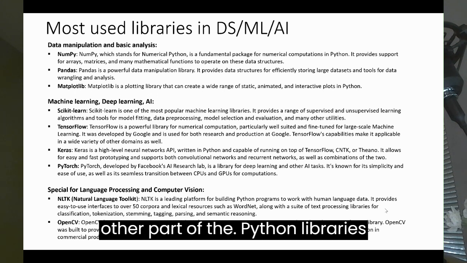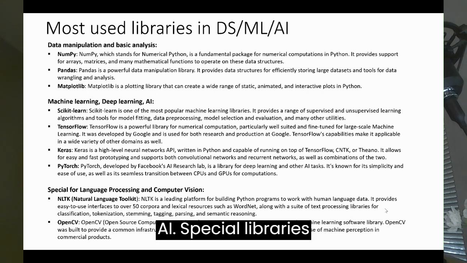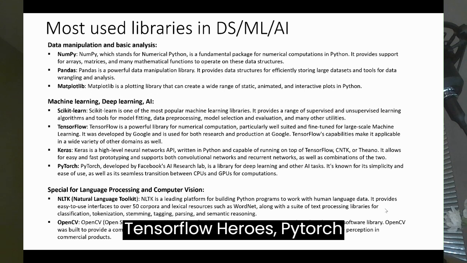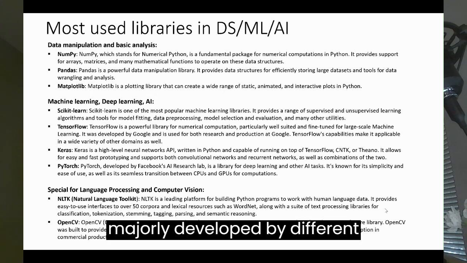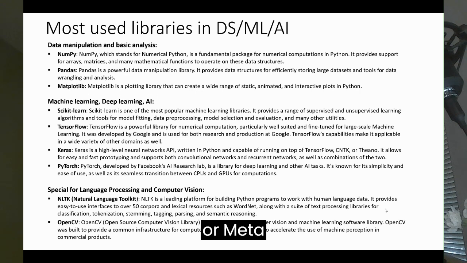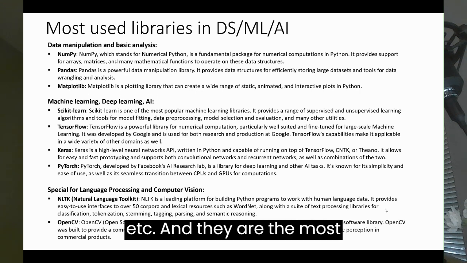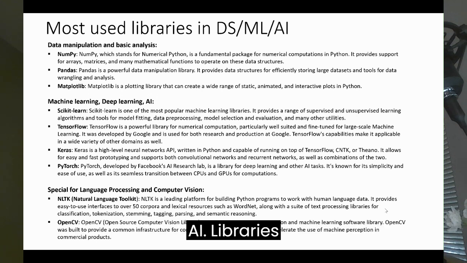The other category is machine learning, deep learning, and AI specialized libraries, such as scikit-learn, TensorFlow, Keras, PyTorch, etc. Those are majorly developed by different companies, such as Google or Meta, and they are the most used machine learning, deep learning, AI libraries.